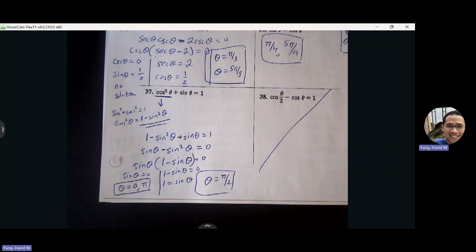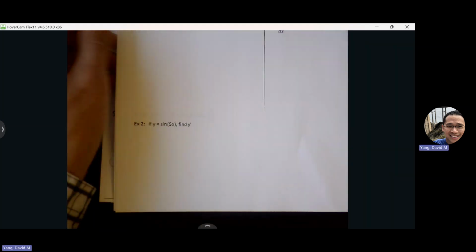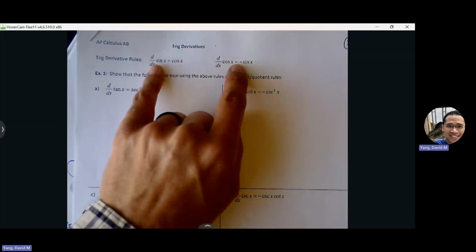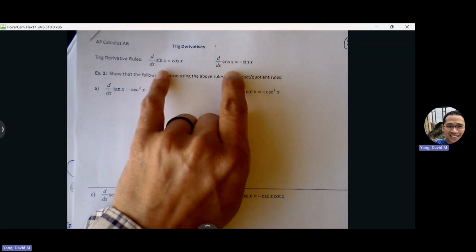Does anybody still need to look at page 3? Page 5. So we're going to start off with the two basic rules here.